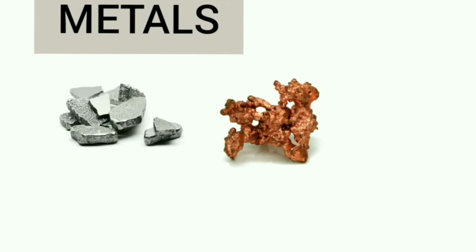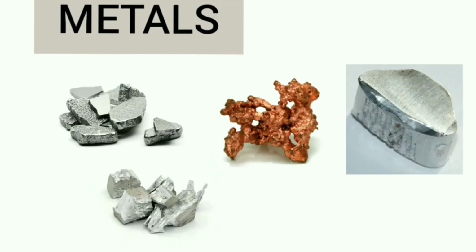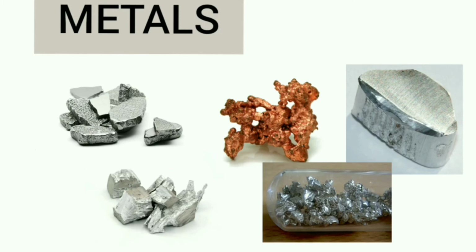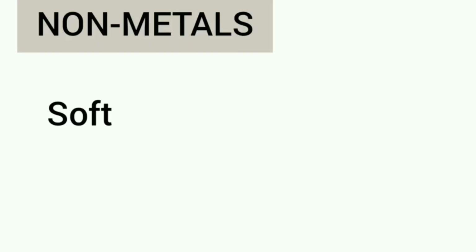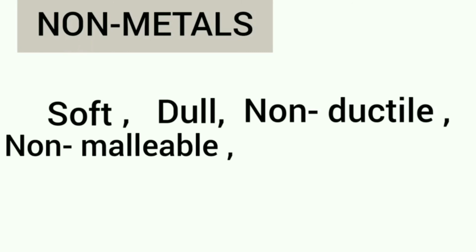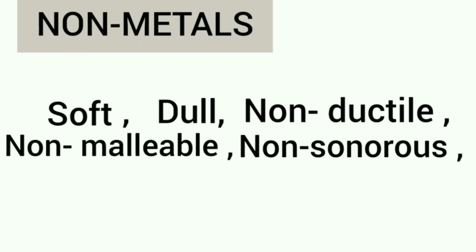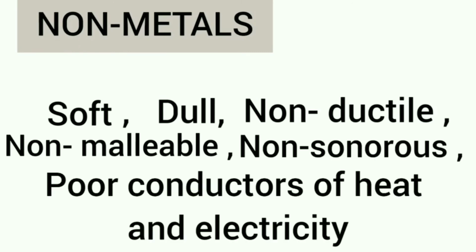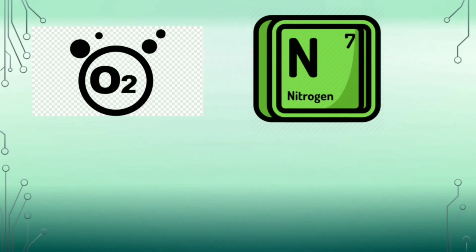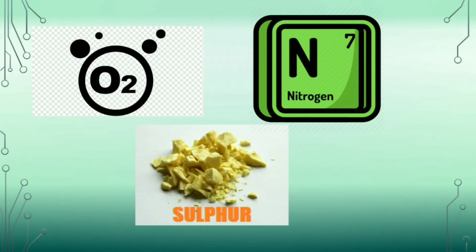Iron, copper, aluminium, magnesium, calcium, etc. are the examples of metals. Non-metals are soft, dull, non-ductile, non-malleable, non-sonorous, and poor conductors of heat and electricity. Oxygen, nitrogen, sulfur are examples of nonmetals.